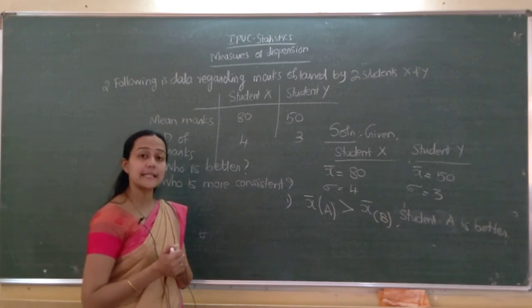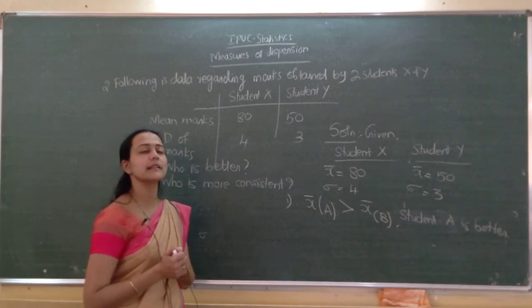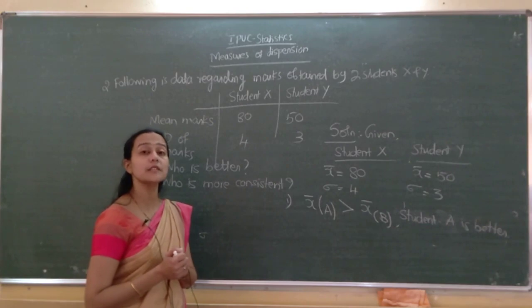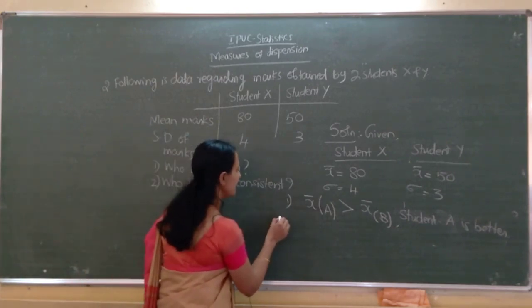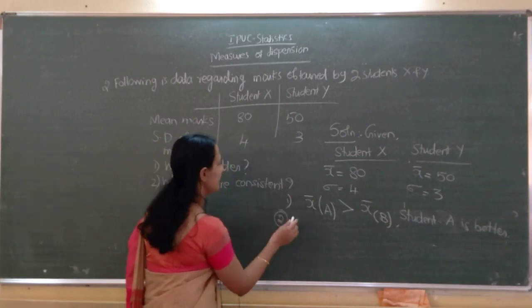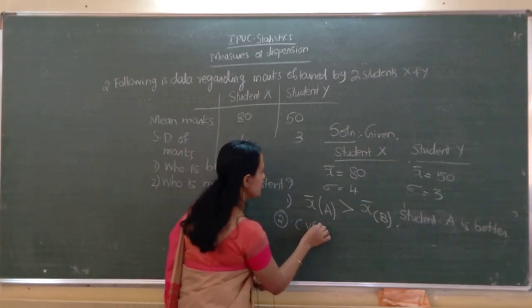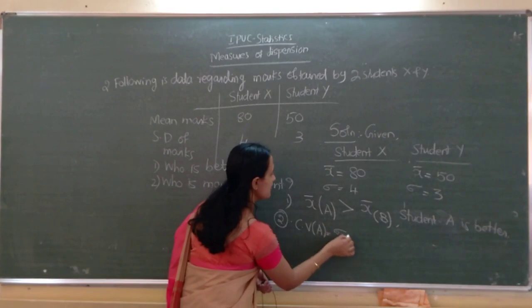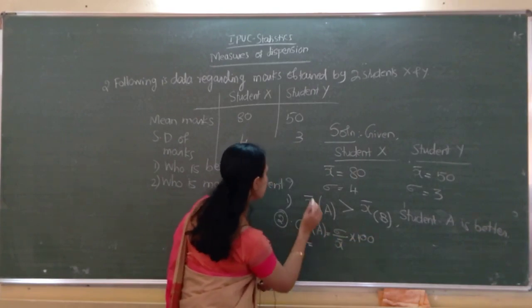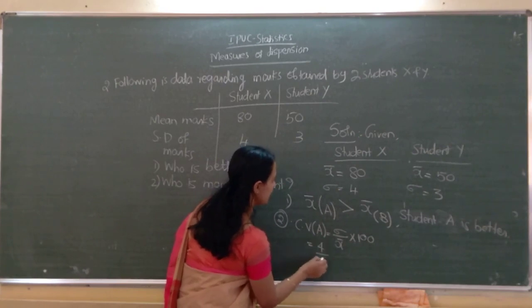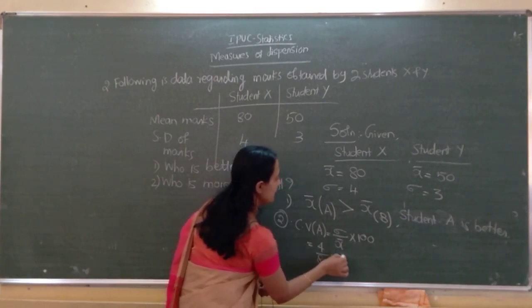Second one, who is more consistent? For computing consistency, what do we have to compute? Yes, we have to compute coefficient of variation, CV. CV of student A equals sigma divided by X bar into 100. Sigma given 4 divided by 80 into 100.